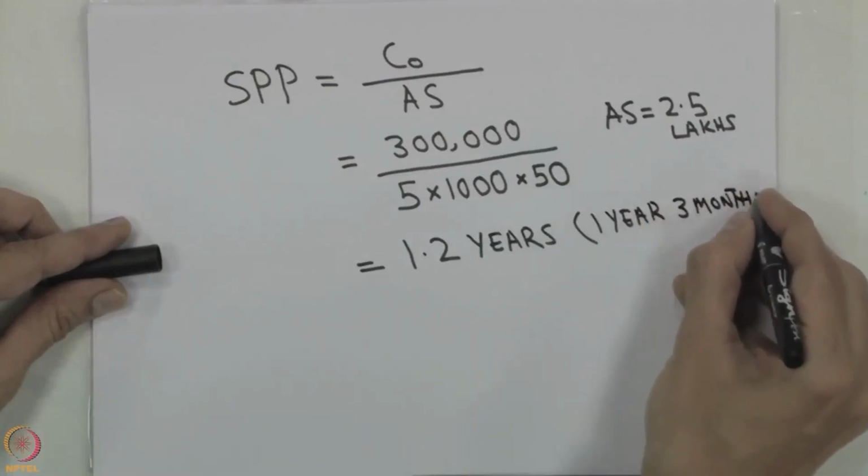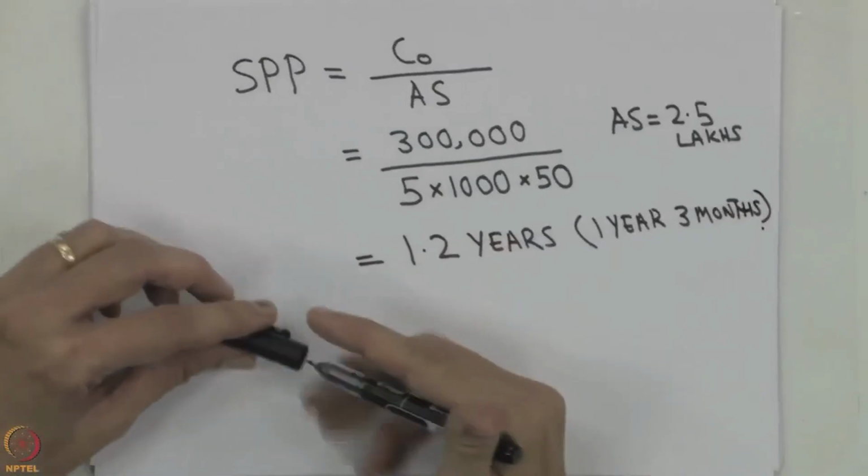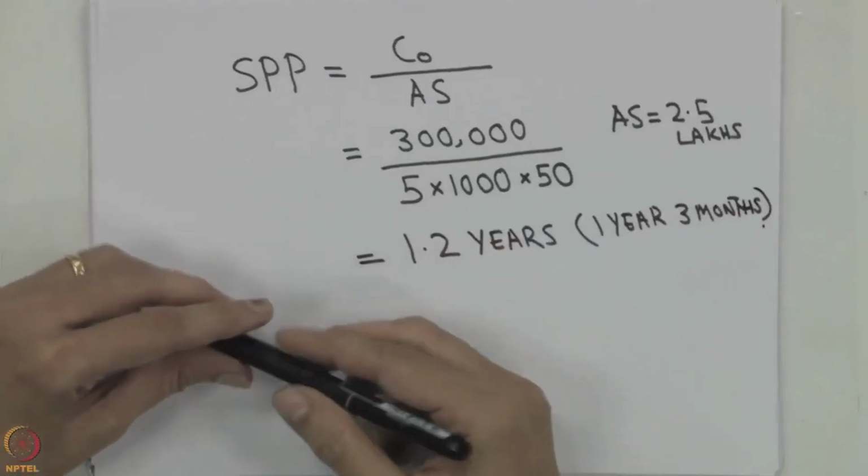Now, we have calculated the index, the simple payback period. How do we use this for making a decision? The first thing is, the simple payback period must be less than the life of the equipment or the project. In this case, the insulation is going to last for 10 years or 20 years. The second thing is, the company which is making that investment will decide what is the maximum acceptable simple payback period.